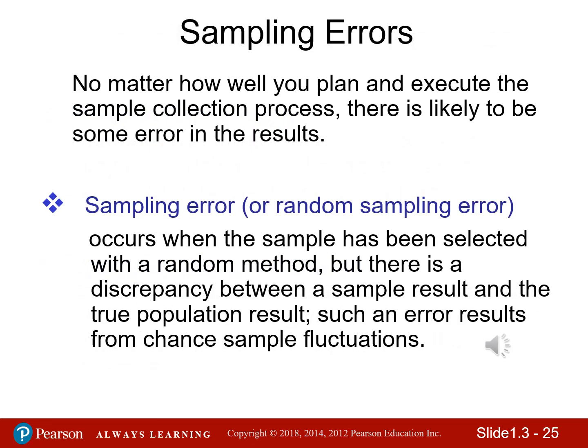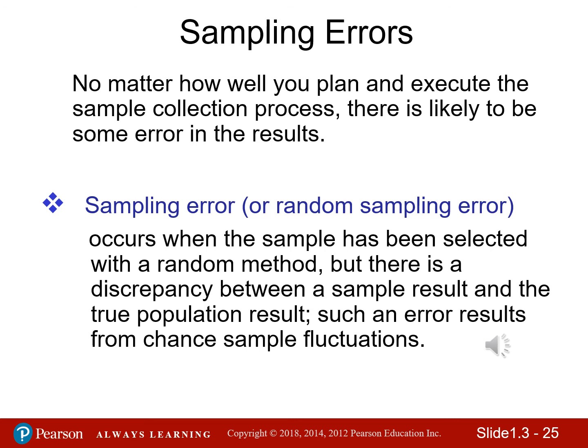Let's consider a few different types of errors that may occur during a statistical study. Errors happen when you take a sample from the population rather than using the entire population itself. In other words, it's the difference between the statistic you calculate on your sample and the parameter you might calculate on your entire population.